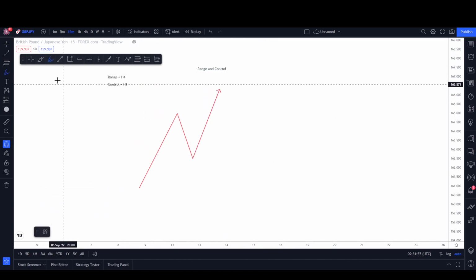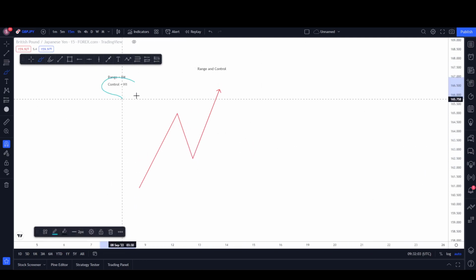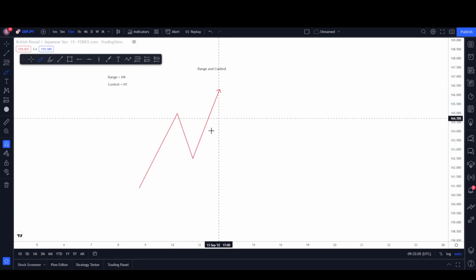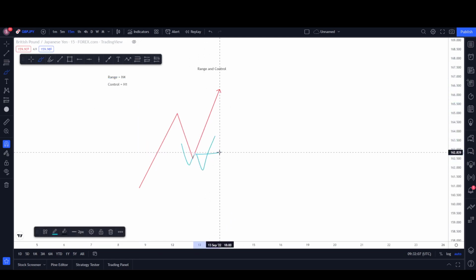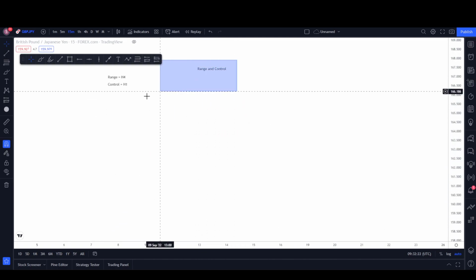For range to expand from here, we must observe a control breakout, like a breaker structure to the upside for range to expand, okay? But this episode is more about when you're entering, you don't have to wait for control. You can enter before control breaks to the upside, and that's just being flexible with time frames.